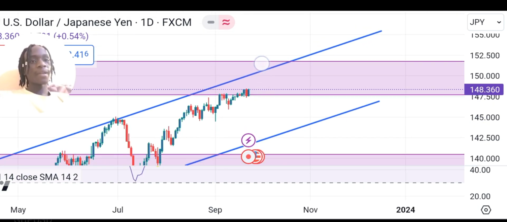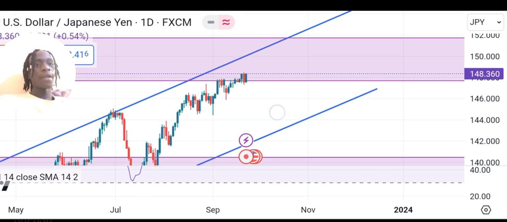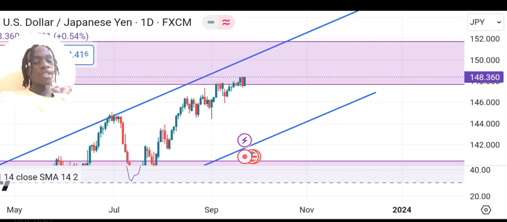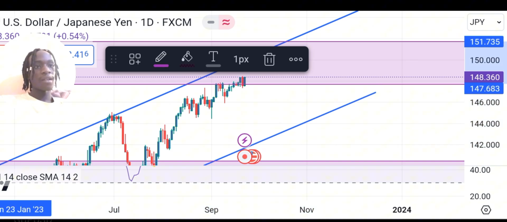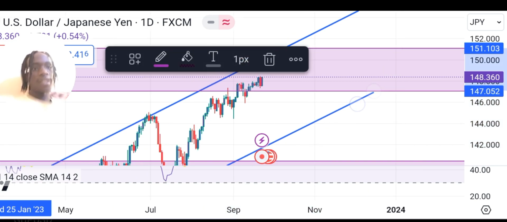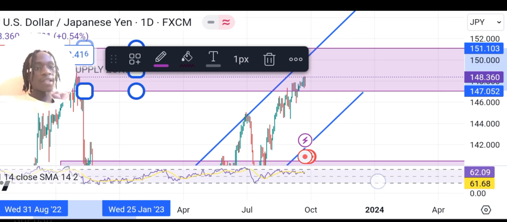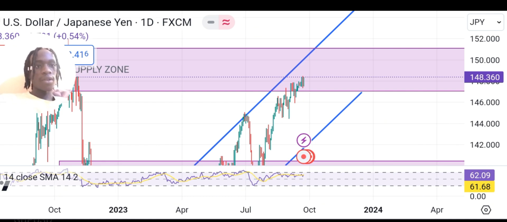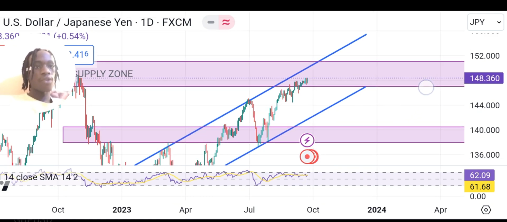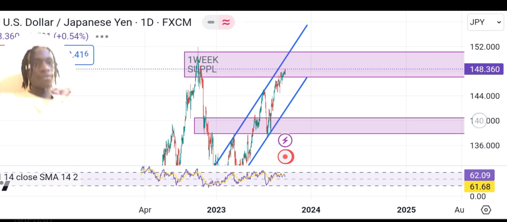So what we are expecting here is for it to come, enter the supply zone and touch my trend line, forming another higher high, then dropping, maybe dropping back to the trend line and coming and retesting the zone, and maybe we get a clear reversal, because I guess the UJ is going to form a big reversal.